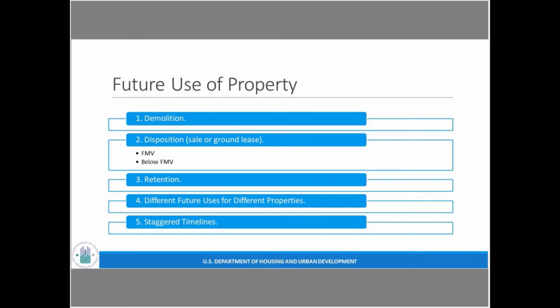So right now, we just want HUD authority to demolish the property with cap funds, and we want to retain the dirt, the real estate, under the declaration of trust until we come up with a more concrete sale or redevelopment plan. And that is okay. We would accept that under a Streamlined Voluntary Conversion Plan.